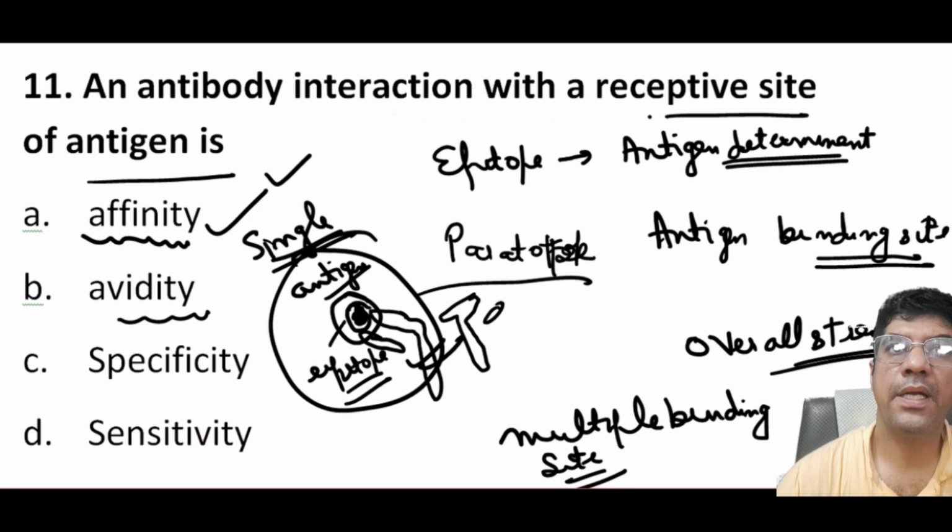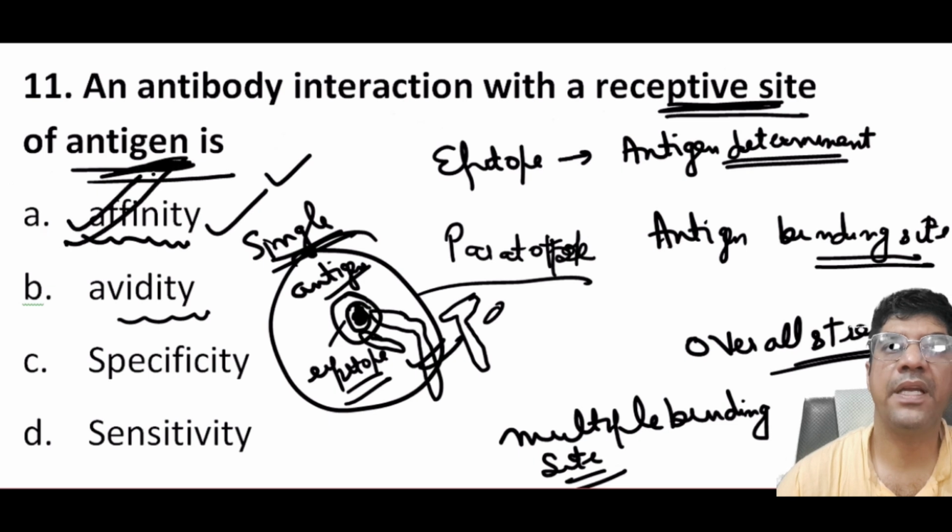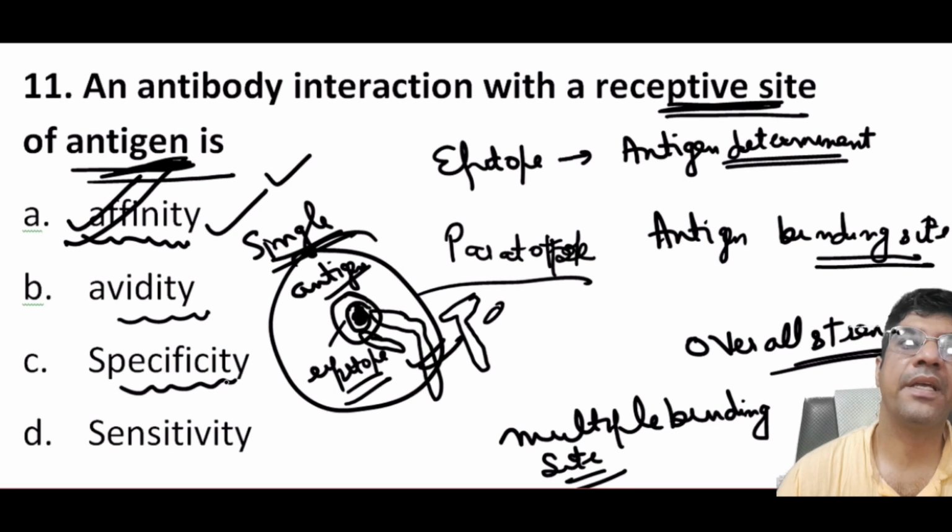So the antibody interaction with the receptive site of antigen is known as affinity. That is your answer. The specificity refers to the ability to detect small quantities of antigen or antibody. It is a measure of how effectively an assay can identify the presence of a target substance even at low concentration.